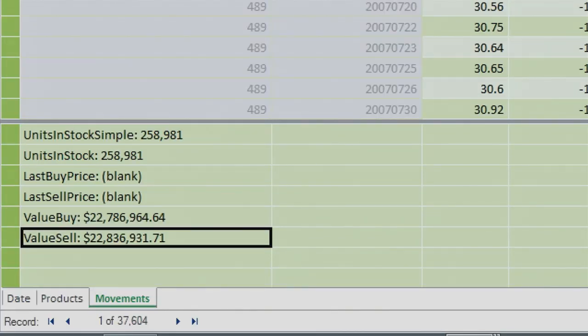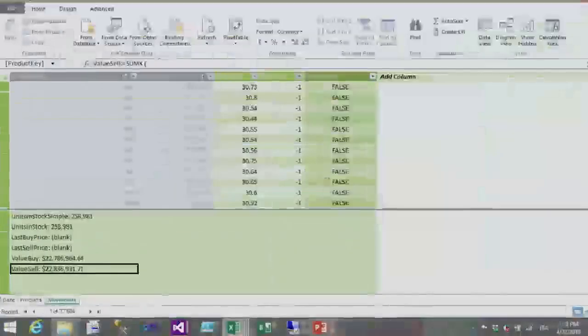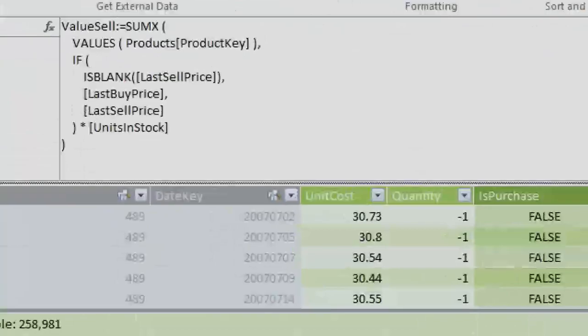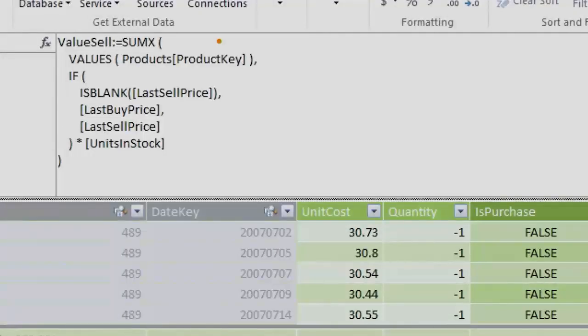And we created this formula that says, for each product, I multiply the quantity, units in stock, by the last buy price or last sell price, depending on the availability of a sell price for that product.